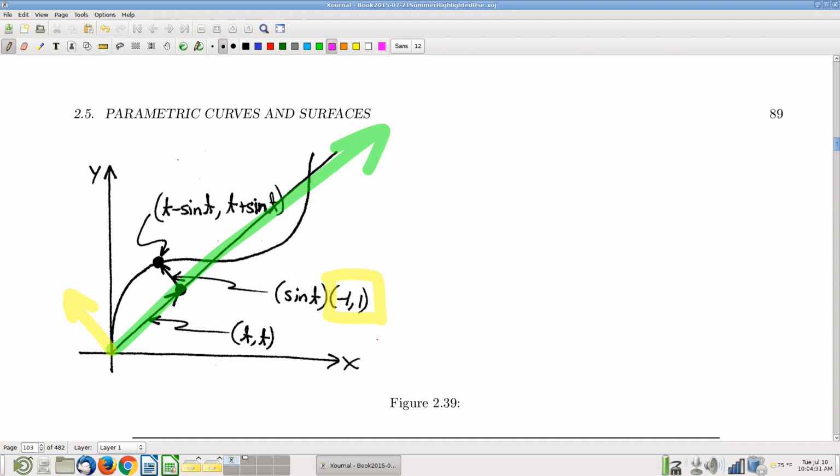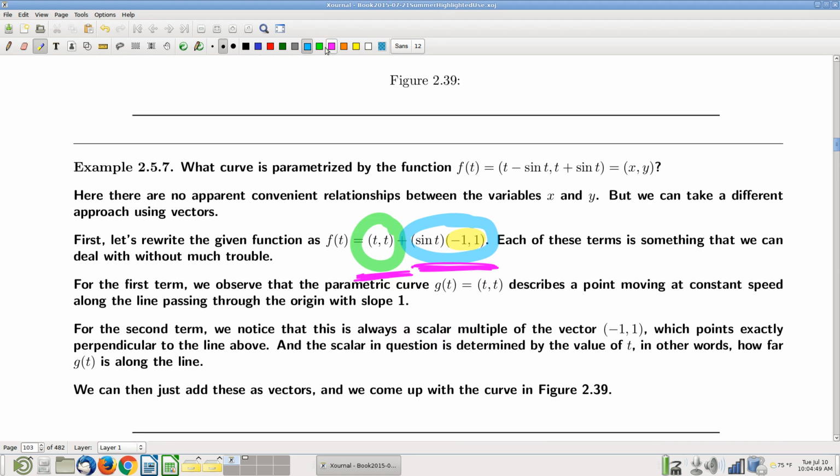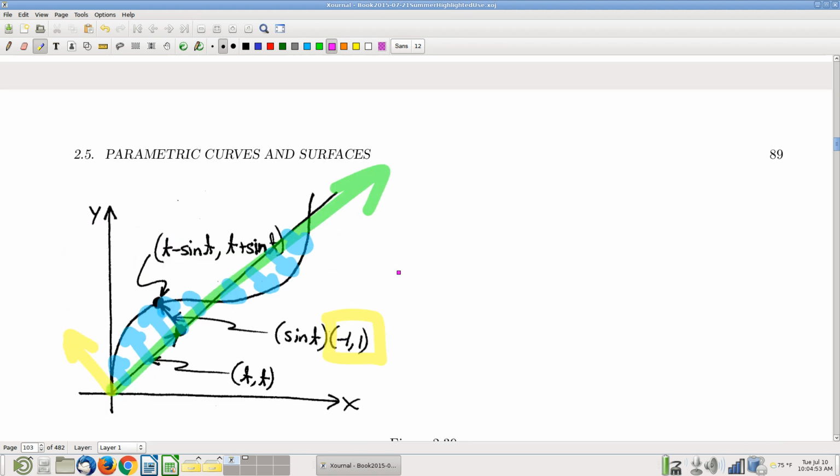So you get these blue vectors. As time passes, that factor sine t increases, and then it decreases, and then it becomes negative. Blue plus green all together gives me the total curve, just like that.